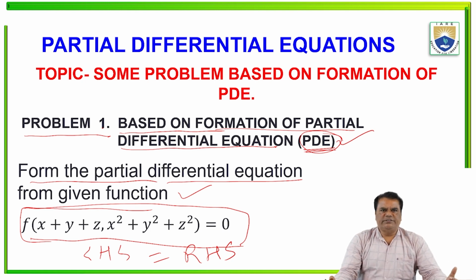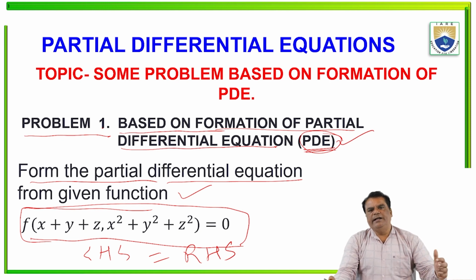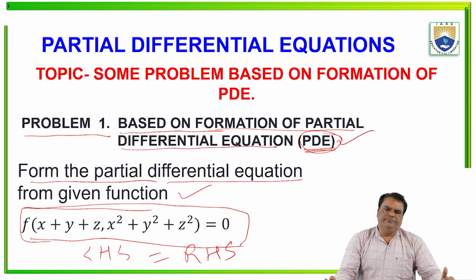So this function has three variables, x, y, z. x and y are independent variables, but z is the dependent variable here. z is dependent on x and y.